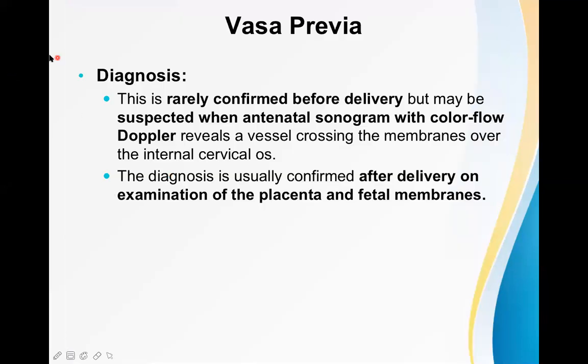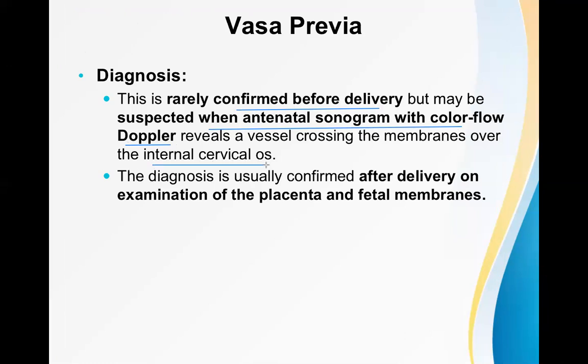Now how to reach the diagnosis? This is rarely confirmed before delivery. This is an important point, but it may be suspected when antenatal ultrasonography with color flow Doppler reveals a blood vessel crossing the membrane over the internal cervical os.